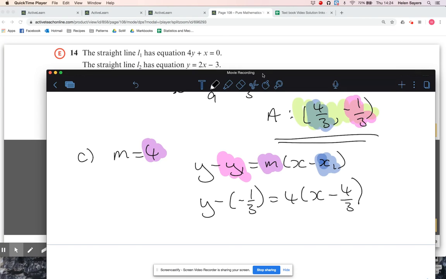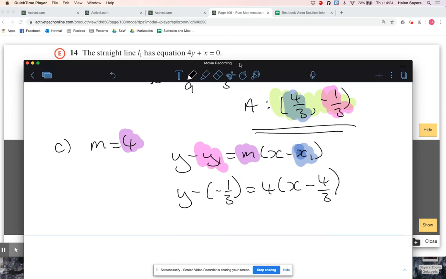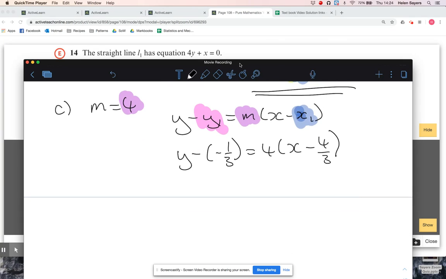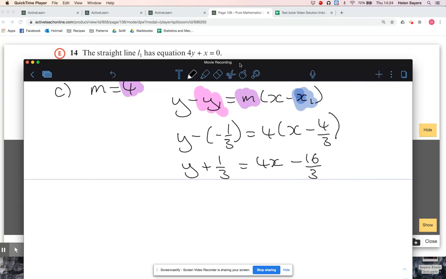They wanted it in a particular form, I think. Yeah, they wanted a, b, and c to be integers and everything to equal 0. So let's lose these brackets and then we'll worry about the integer part. So y minus -1/3 is going to be y plus 1/3. It's going to be 4x minus 16/3. So I'm just going to multiply everything through by 3 before I even worry about rearranging.